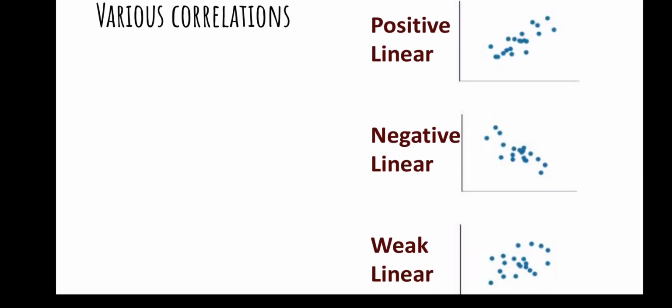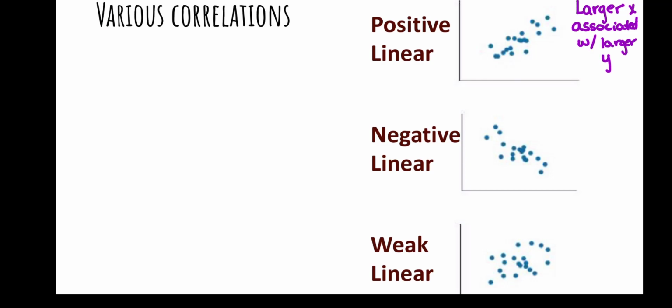So this is some pictures of what the positive and negative correlations look like. With the positive, if you'll remember what it said, larger x values, so larger x's, are associated with larger y's.